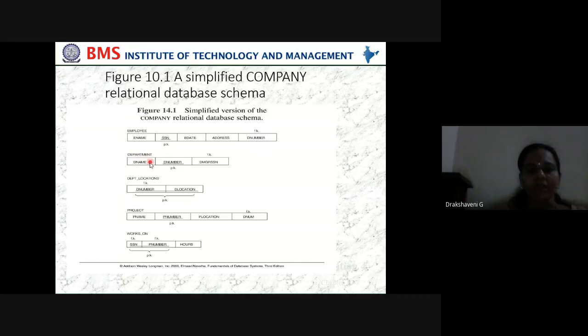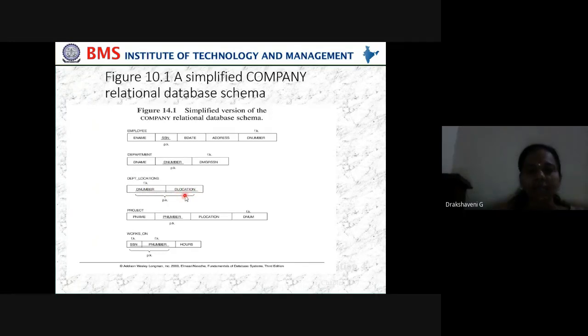In the same way, the department table has D name, D number, and manager SSN. D number is the primary key here, and manager SSN is a foreign key, taken from the employee table. Then department location: in this table, one column cannot be a primary key, so we have to combine two, D number and D location.